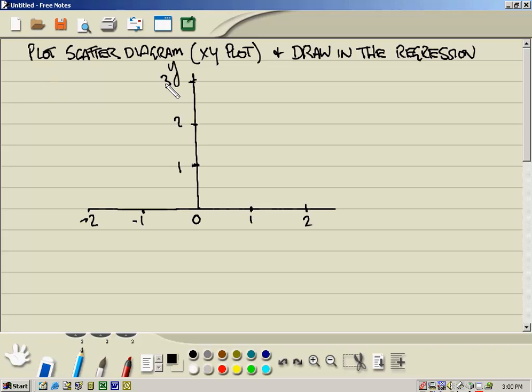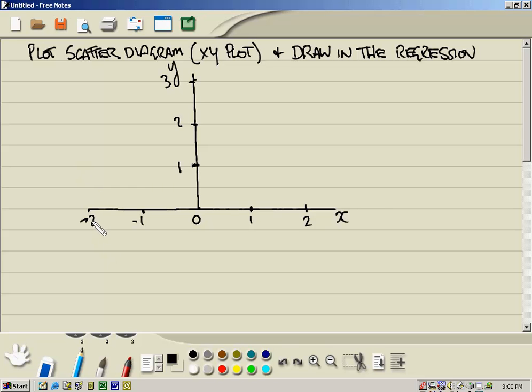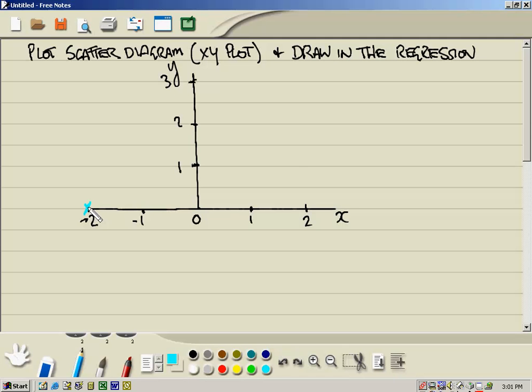Alright, so here we have our axes, x and y. We, in this case, need some negative values on the x. It's not a very common situation, but here we need it. Alright, so we have our points. Minus 2 for x and 0 for y. Let's put those in some other color. So minus 2 for x and 0 for y will be there. Minus 1 and 0 will be here.